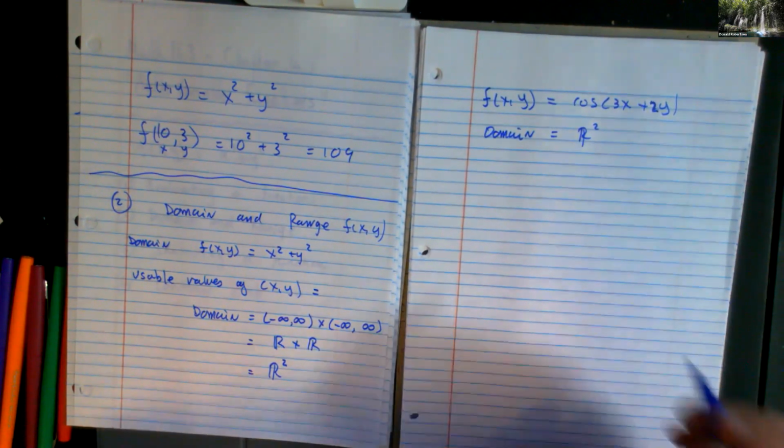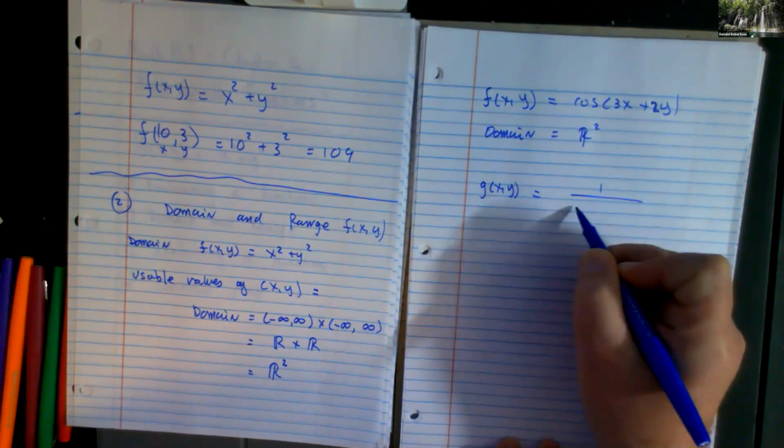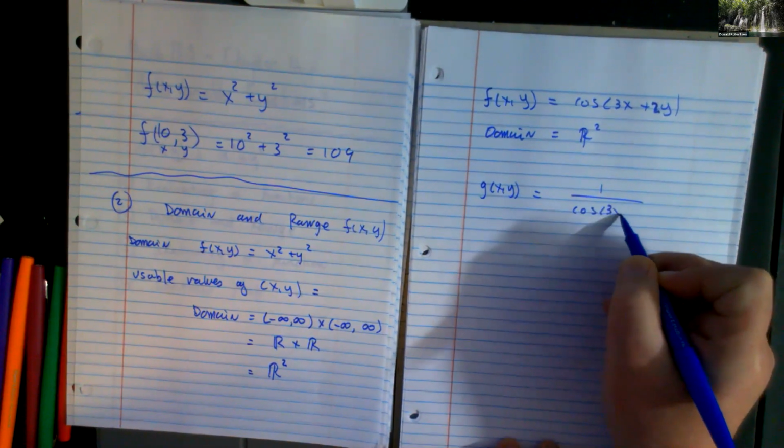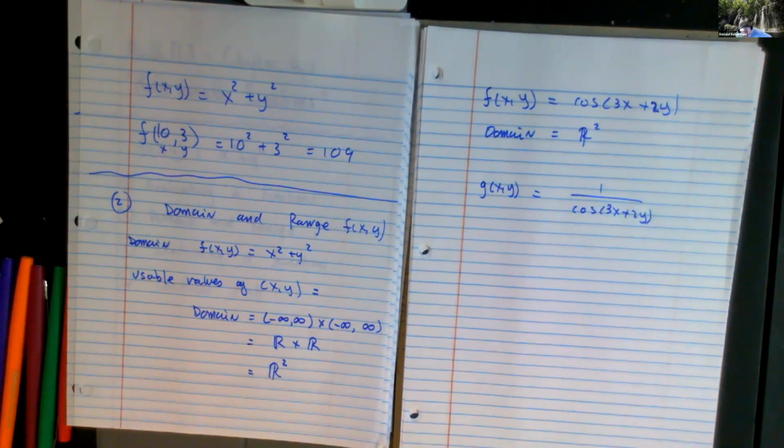Now, this is not a homework question directly, but it could happen. Is there any problem with this function? The cosine cannot be 0. Right.